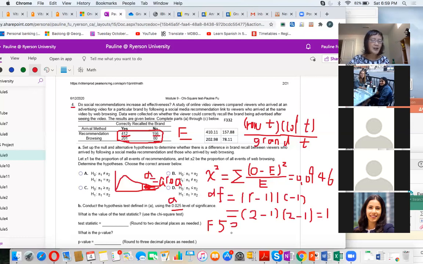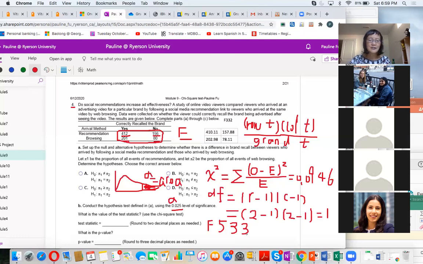You have CHI, that is chi-square. And then F3 again, inverse chi-square. I repeat, F5, F3, F3. Okay. After that, data variable.